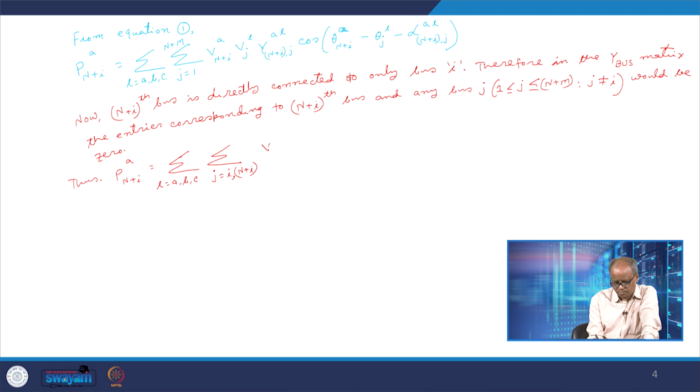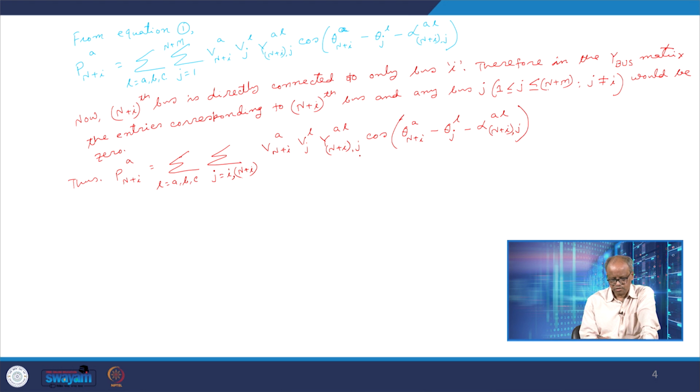So it would be V n+ia, V jl, Y n+i j a l, then we have cosine of theta n+ia minus theta jl minus alpha n+i j a l.